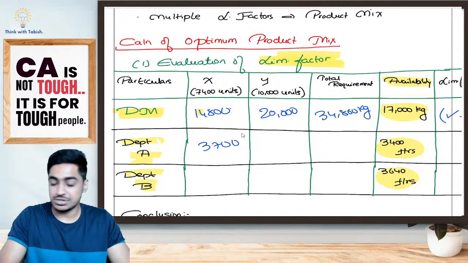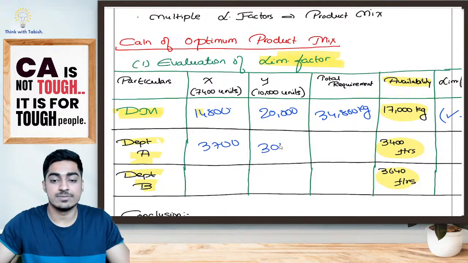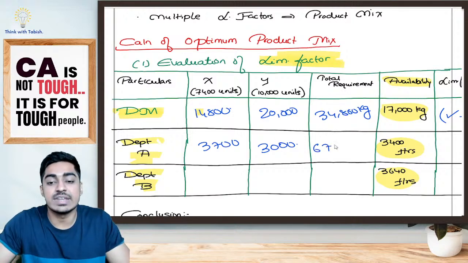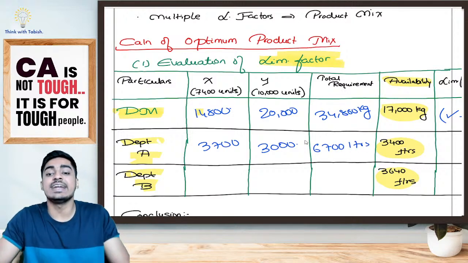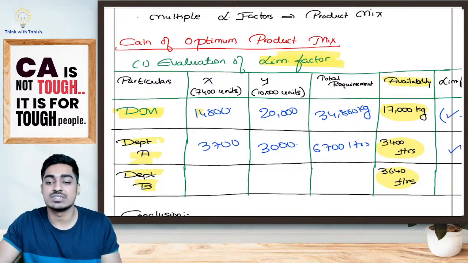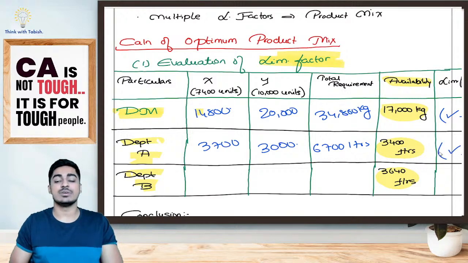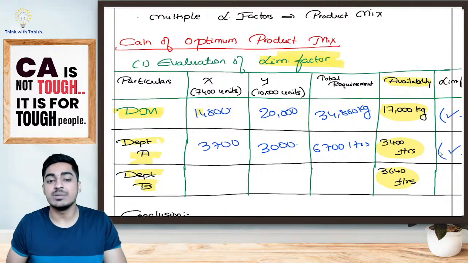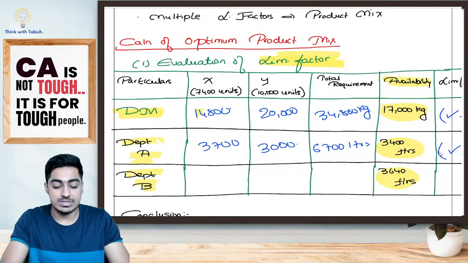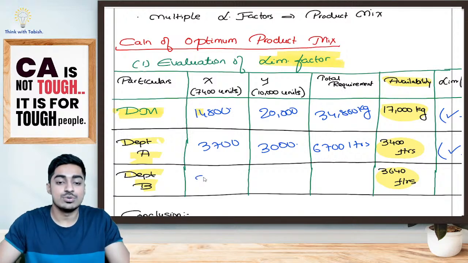For 10,000 units of Y, 0.3 hours is 3,000 hours for Y. Altogether, we want 6,700 hours is required in Department A. But how much is available? Only 3,400 hours. So Department A is also a limiting factor. Now Department B. Yes, how much hours is required? For X 0.4 hours. So 0.4 hours per unit into 7,400 units.